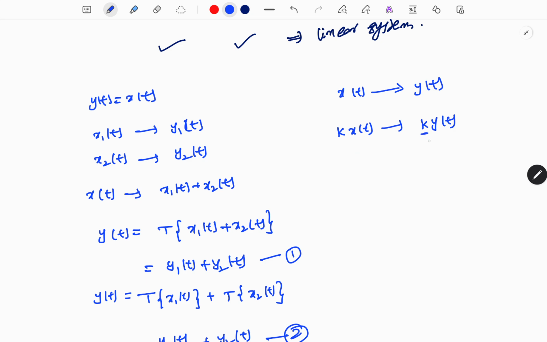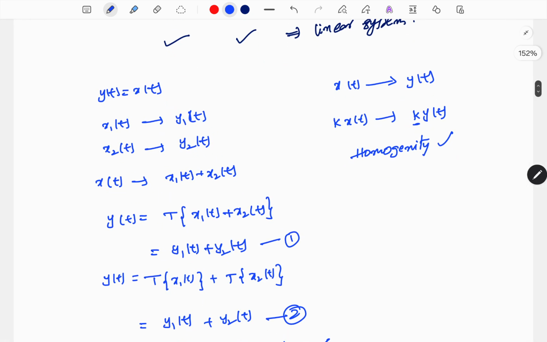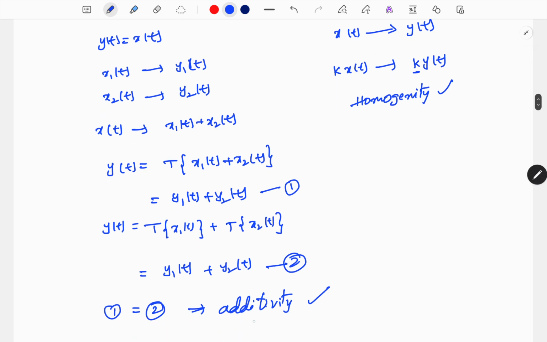If it satisfies this condition, then the homogeneity condition is satisfied. So if both this additivity and this homogeneity are satisfied, then the system is called a linear system. Otherwise it is known as a non-linear system.